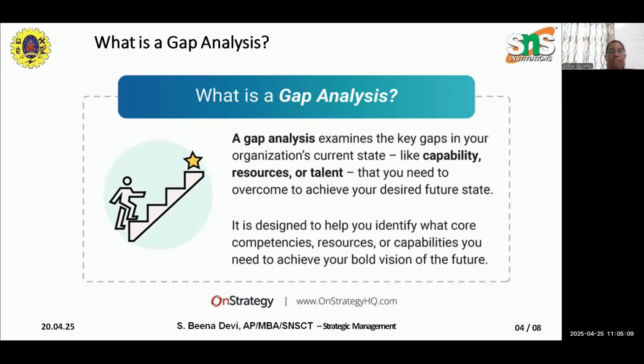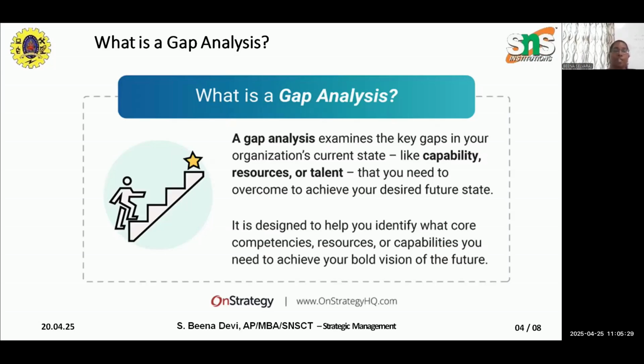It helps the organization assess current performance in areas like skills, capability, resources, talent, processes, technologies, or market position, and identify where changes are necessary to have better performance of the organization.